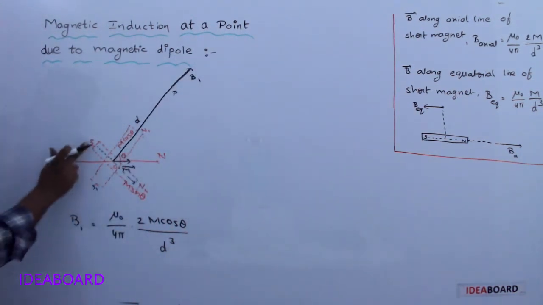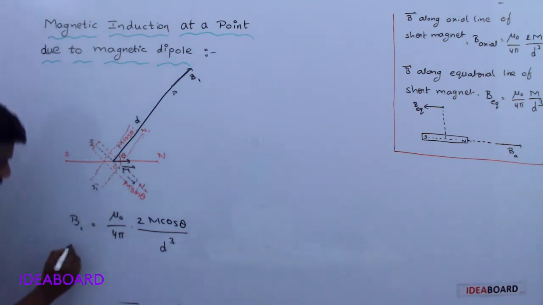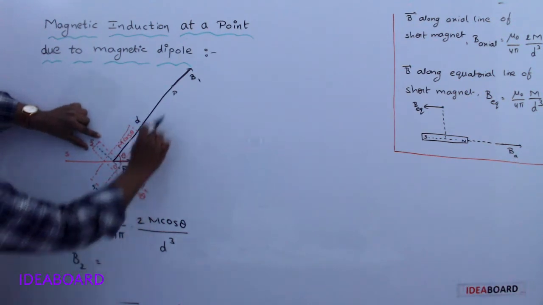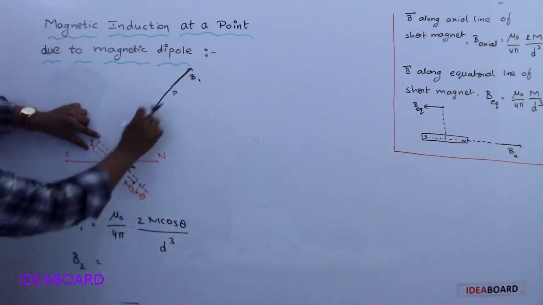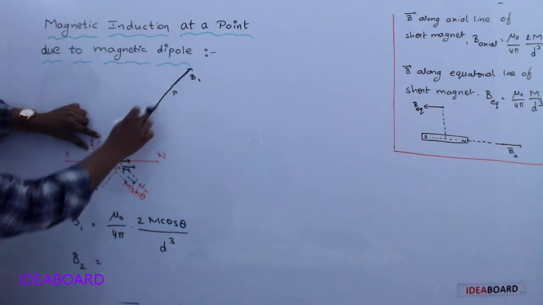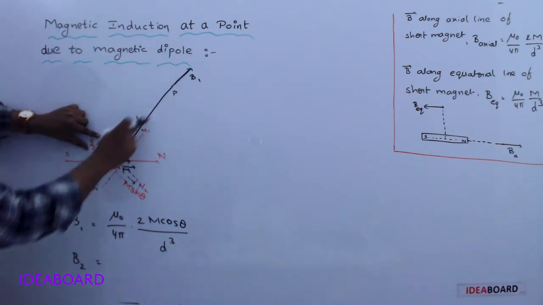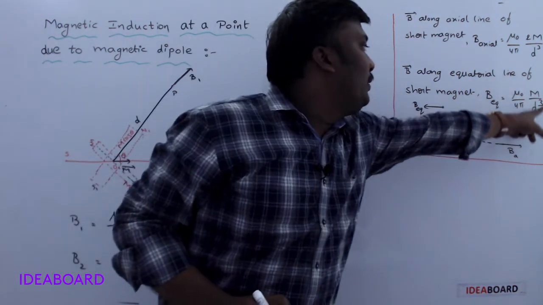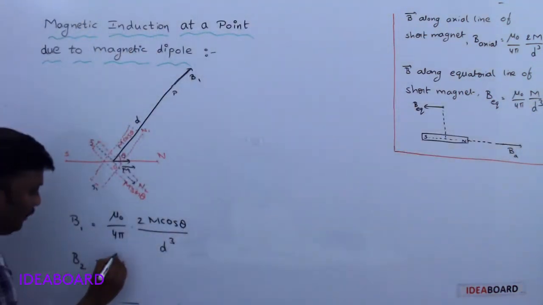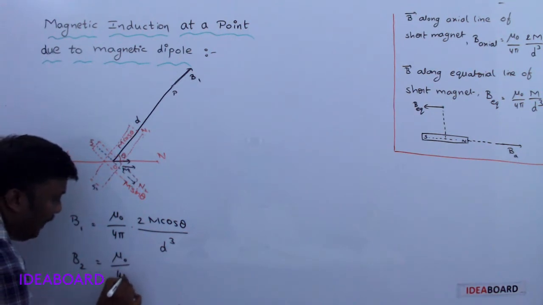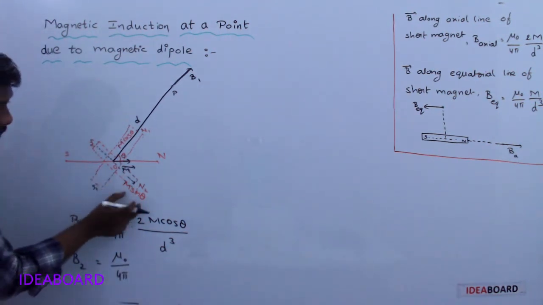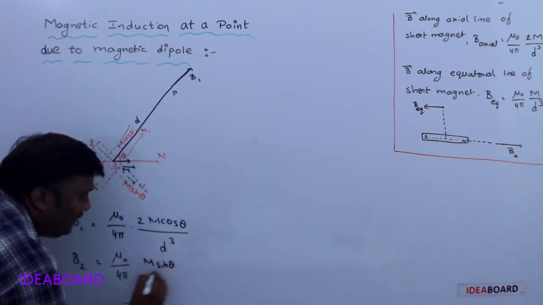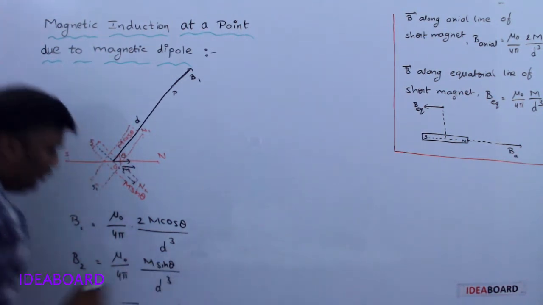Now due to this magnet, B2 is equal to, for this magnet point P is along the equatorial line because it is on the perpendicular bisector. For the equatorial line, the formula is mu naught by 4 pi into m by d cube. So here B2 is mu naught by 4 pi into m sin theta by d cube.